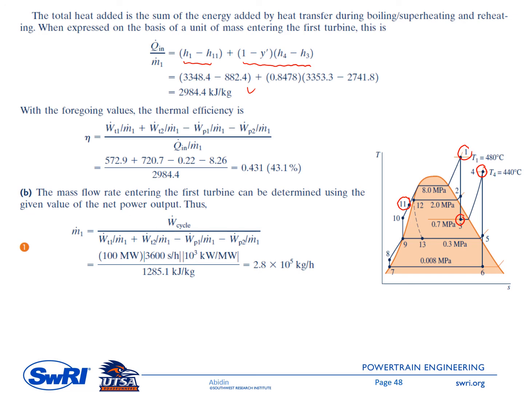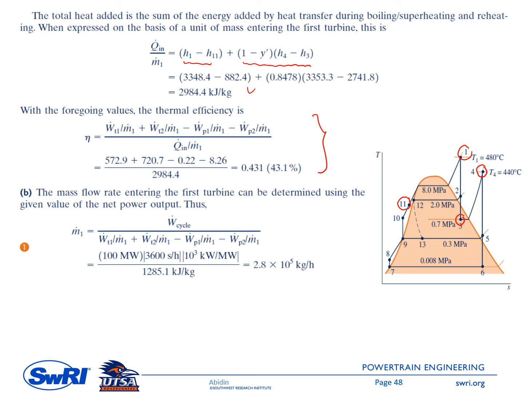So we have the turbine power, we have the pumping power, and we have the Q in. Then we can calculate the thermal efficiency of the system. In this case, we get 43.1%. If you compare this number with the thermal efficiency from the previous example, I believe this is the highest one. In this one, we have a more complex system.